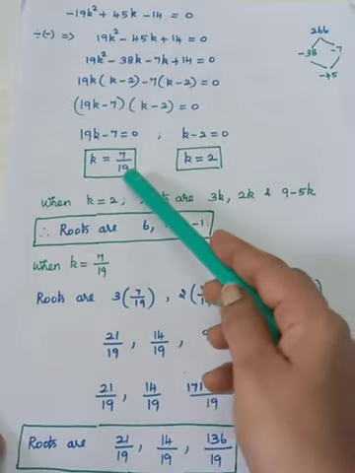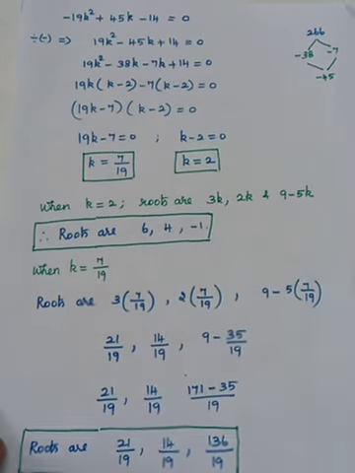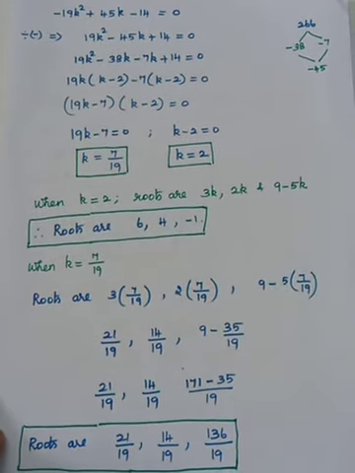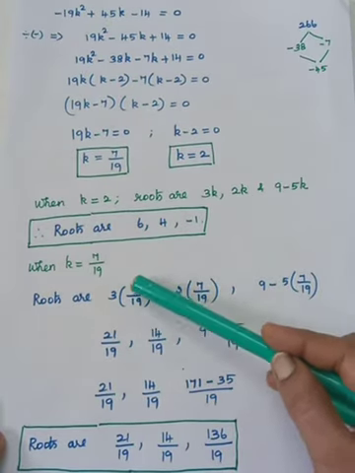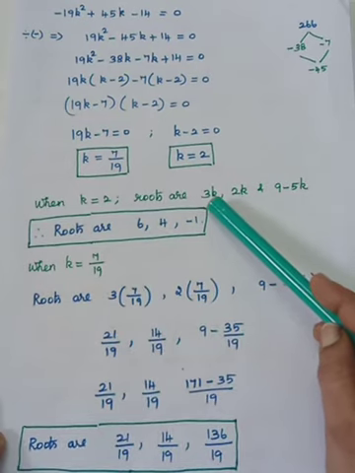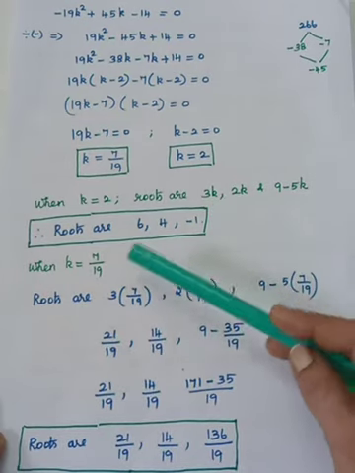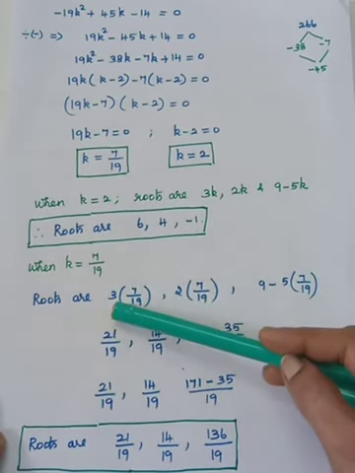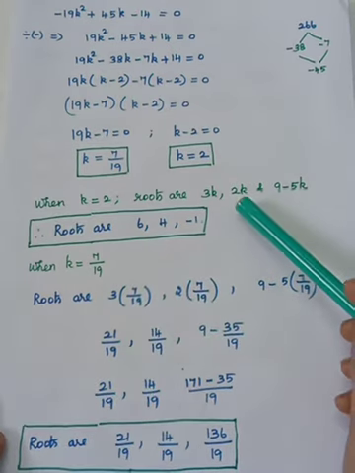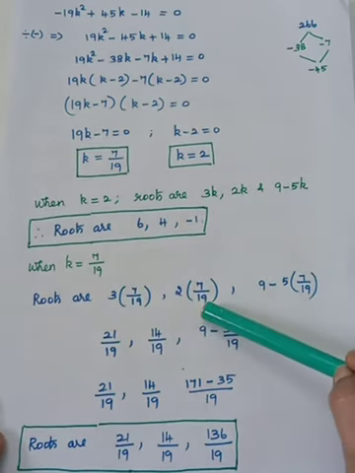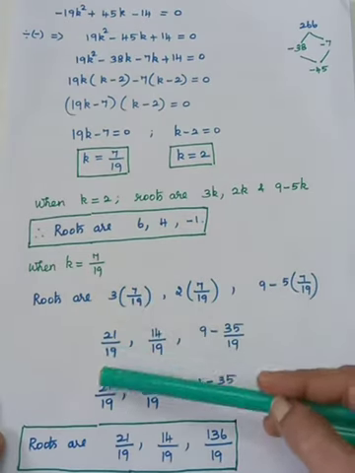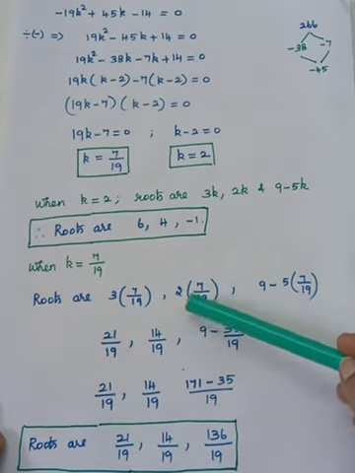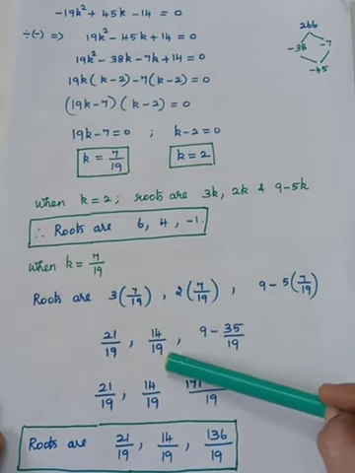Another k value is k equal to 7 by 19. When you substitute 7 by 19 in place of k, we have 3 into 7 by 19, next 2k, 2 into 7 by 19, and next 9 minus 5 into 7 by 19. So 3 into 7 is 21 by 19, 2 sevens are 14, 14 by 19.